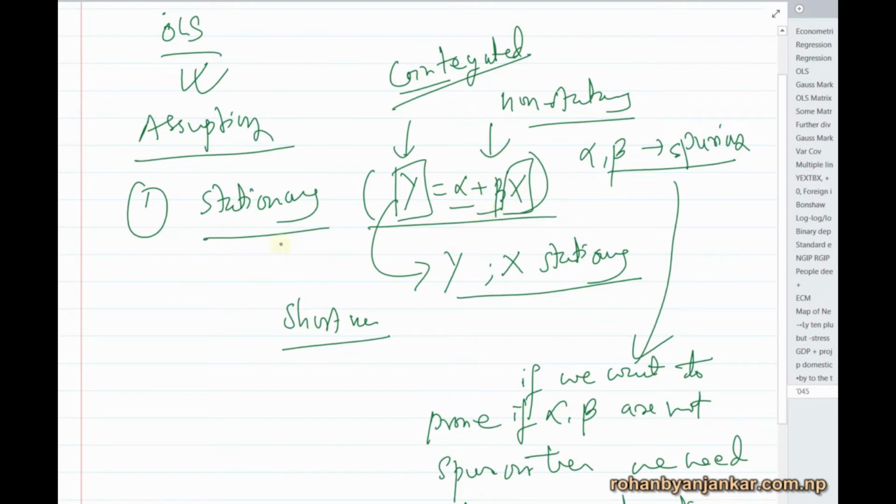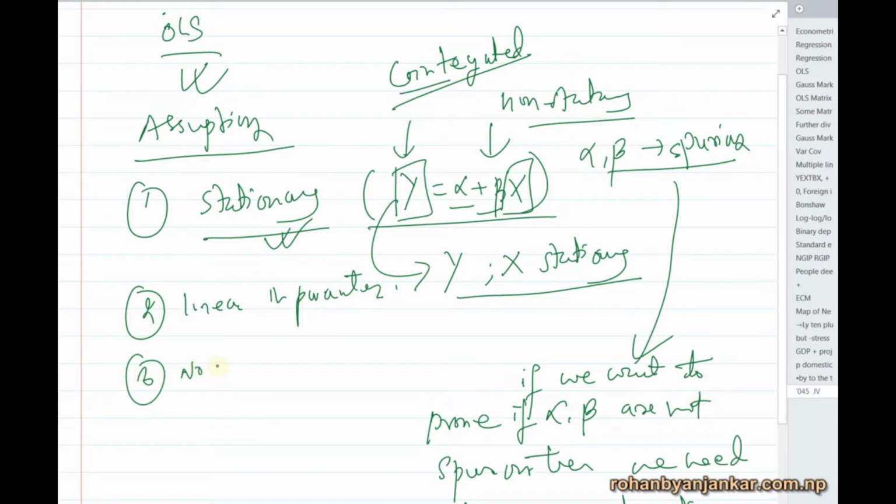So first of all, it must be stationary, and the second assumption is linear in parameters. Third is no multicollinearity.